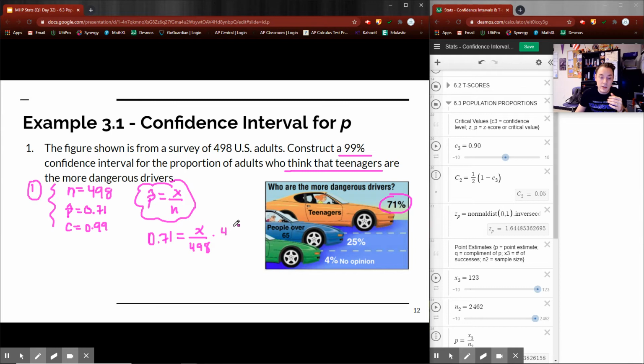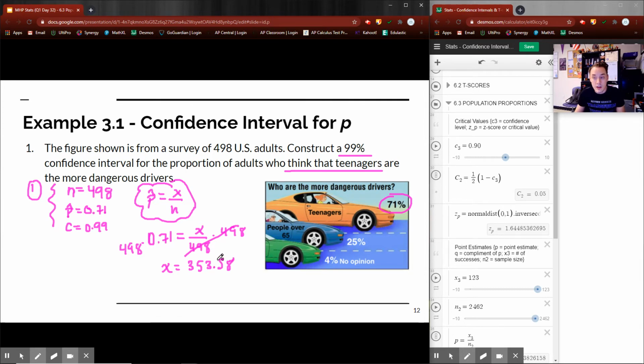Now what I can do is multiply 498 to both sides, and then I get x equals. It's a rather intuitive way to solve it, and it's really great. So I'm going to type in 498 times 0.71, and this gives me 353.58.